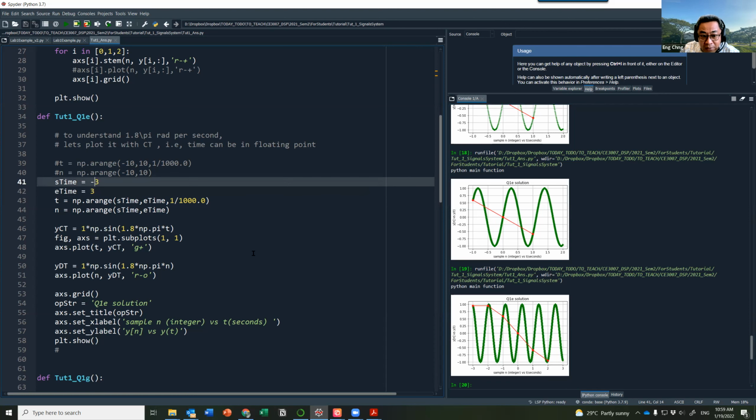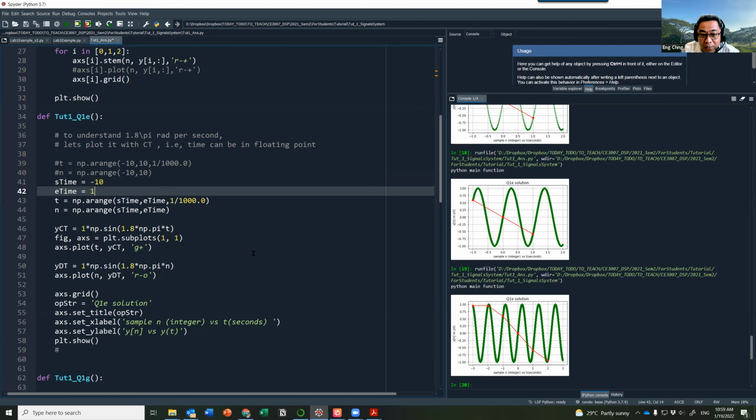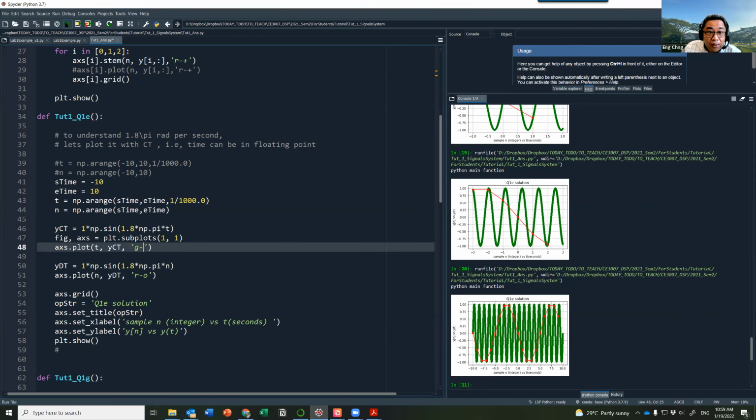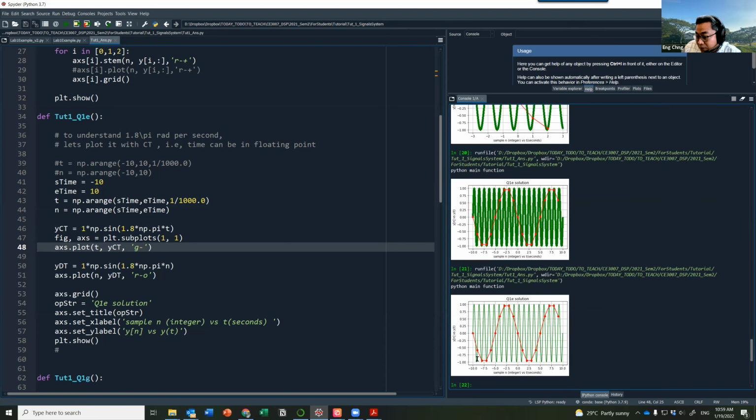And now if I extend it even further, -10 to 10, you realize that it appears that the discrete time signal is a very slow cosine wave, while the green guy is a very fast sinusoid.